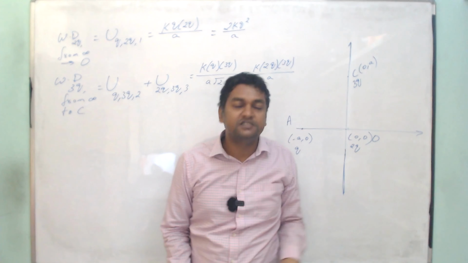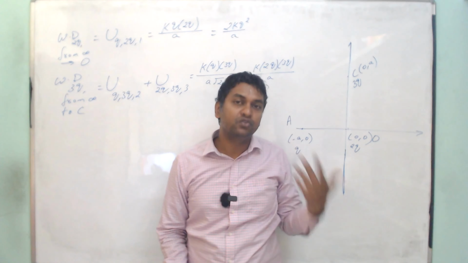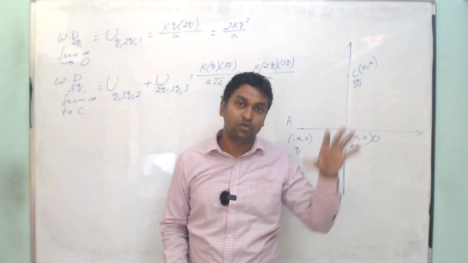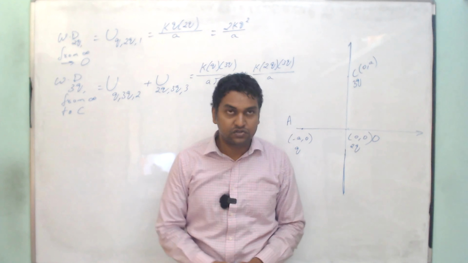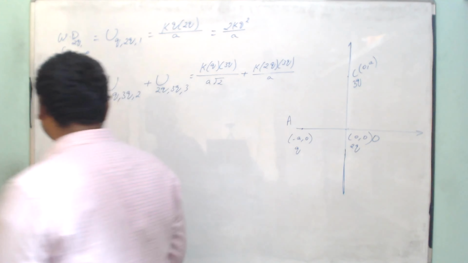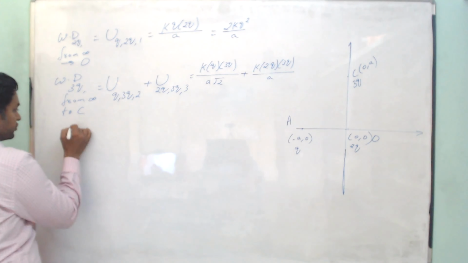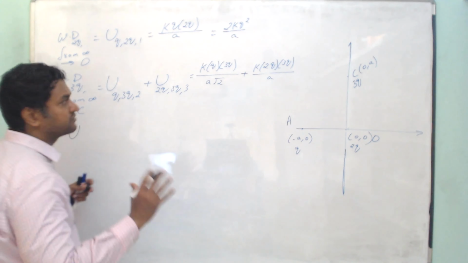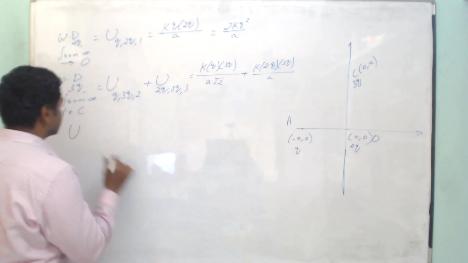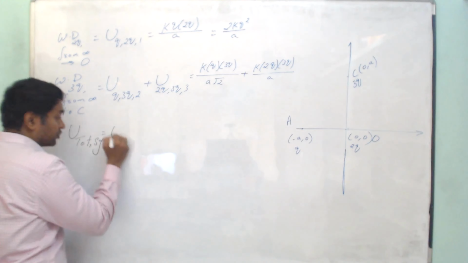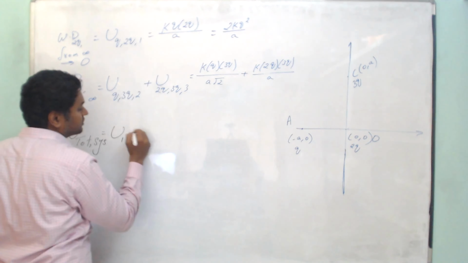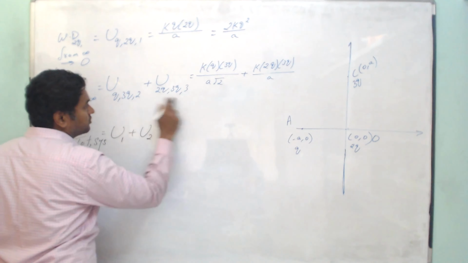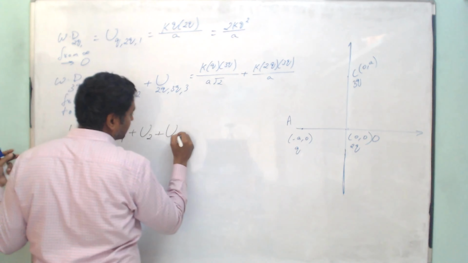That itself will eventually come as the total potential energy of the system also. So while solving, we should be sure of the stories that we are discussing. The total potential energy of the system is potential energy 1 plus potential energy 2 plus potential energy 3.